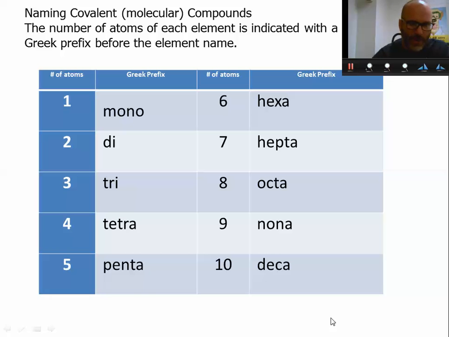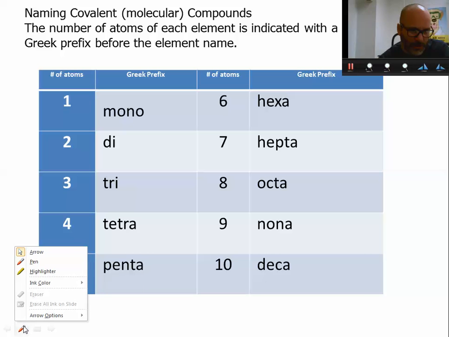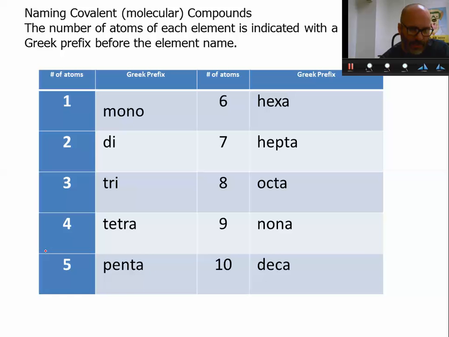You need to remember these Greek prefixes, basically 1 to 10. 1 is mono, and remember, if the subscript is 1 for the first element, it's not used. It's mostly used for the second element in the name.